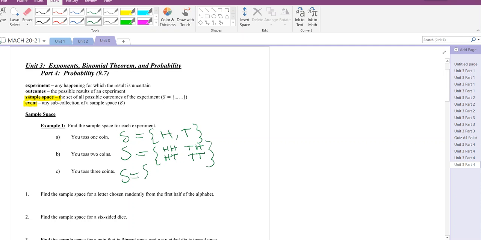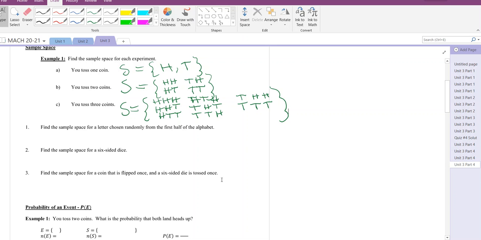And if you toss three coins, you could get heads, heads, heads; heads, heads, tails; heads, tails, tails; heads, tails, heads; tails, heads, tails; tails, tails, heads; tails, heads, heads; and last, tails, tails, tails. So there are 8 outcomes for 3 coins.